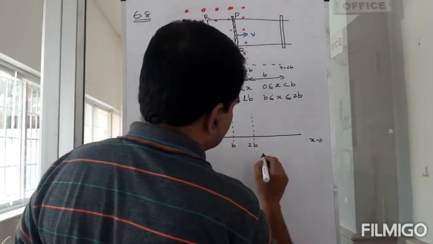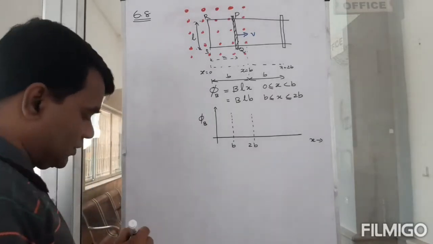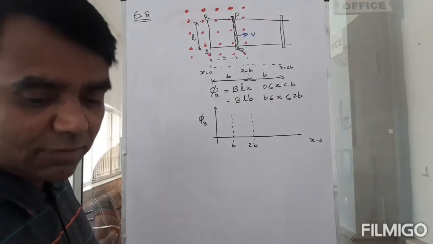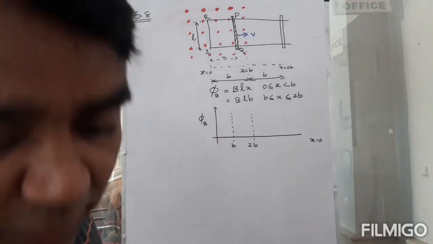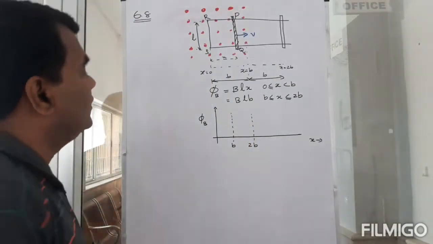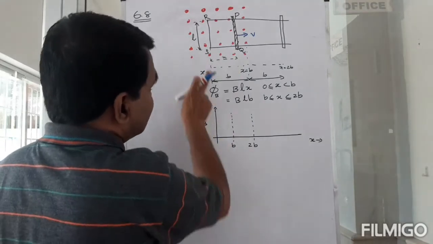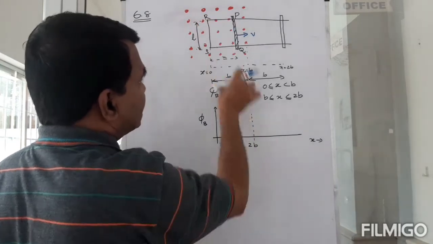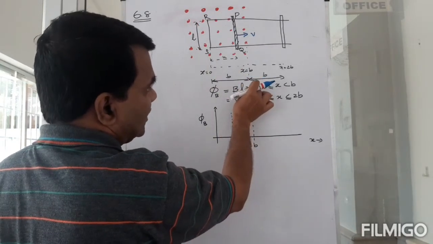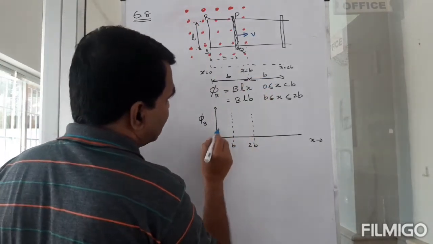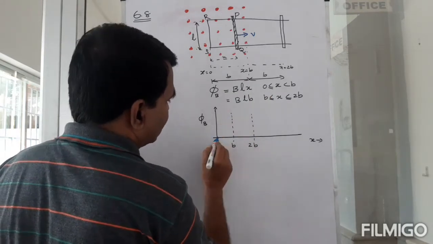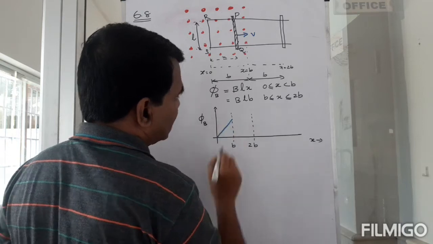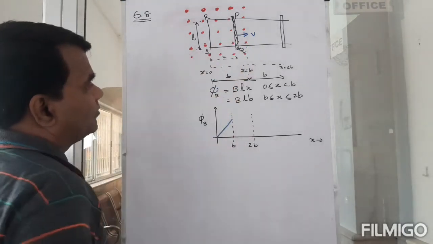And let's see how it is going to look. When I start, it will be 0. As x increases, this will also linearly increase, right? B and L are fixed, x is the only variable, so it linearly increases up till here, until you reach B.